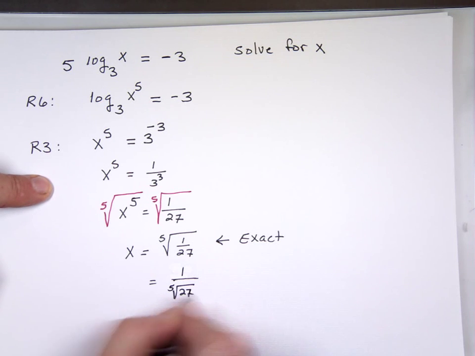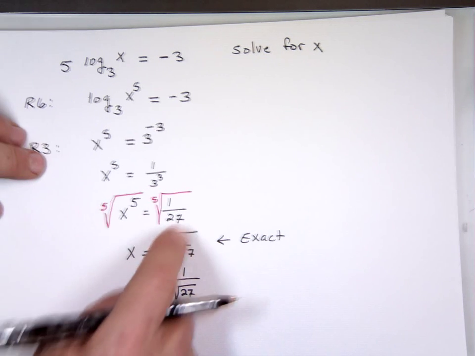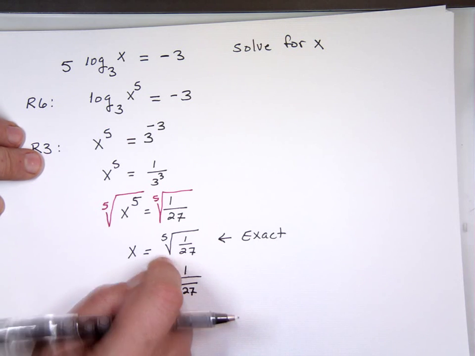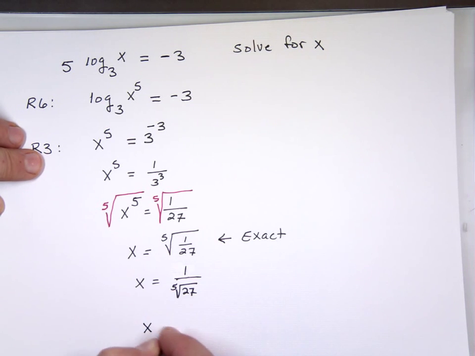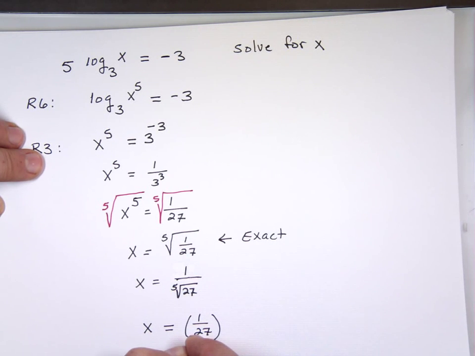But if you want to use your calculator, how do you find the answer? That's 1 over 27 to what power? When it's the fifth root, the power of 1 over 5. Make sure you put the power in parentheses when you type it.